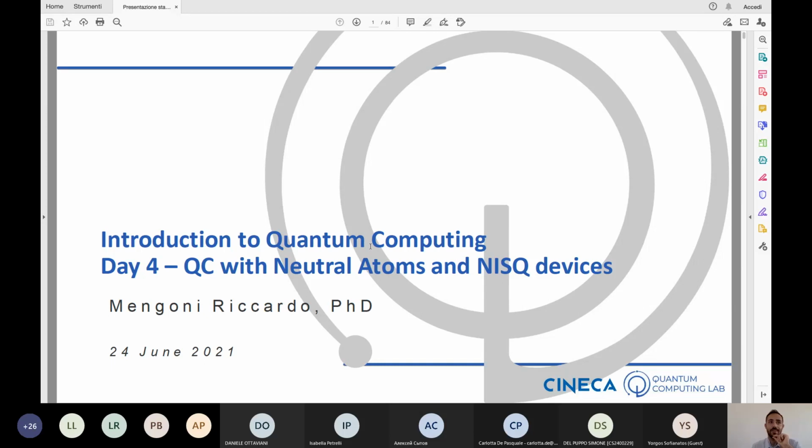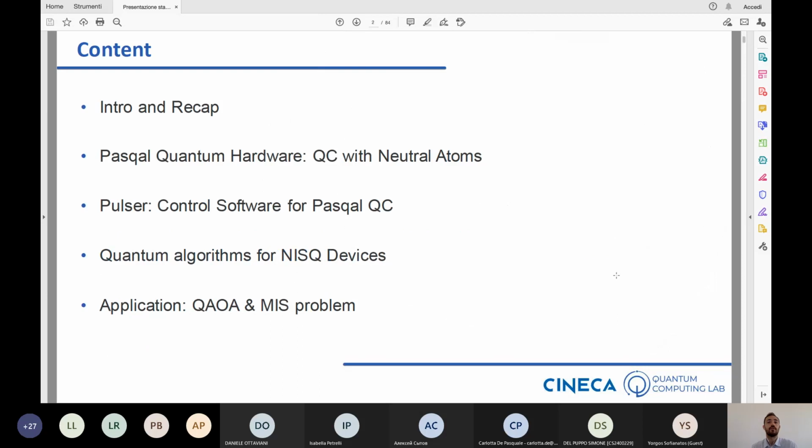Welcome to this day 4. As I said, we're going to see neutral atoms quantum computation, and later on, what these NISQ devices are and how we can use them. This is the agenda we have today.